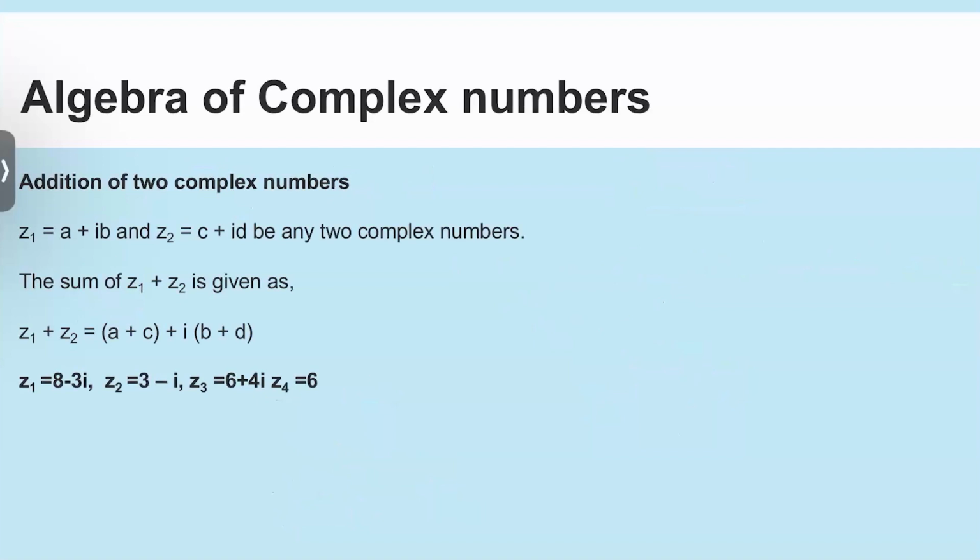Now we will move on to the different algebraic operations that can be applied on complex numbers. When we are solving equations dealing with complex numbers, there are a few rules that the operators have to follow.